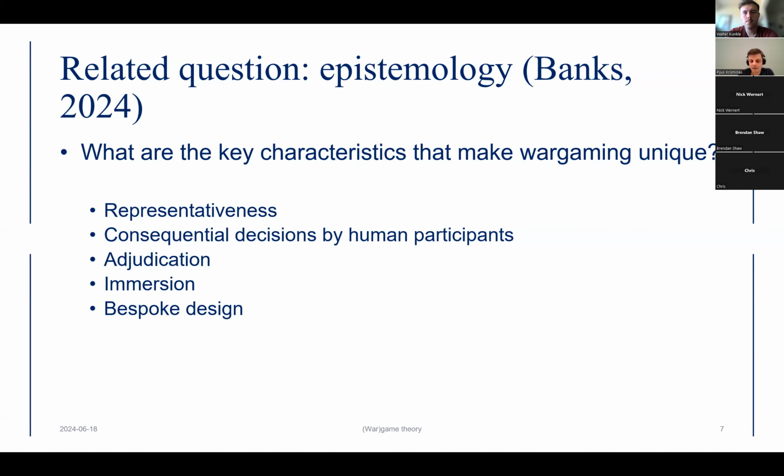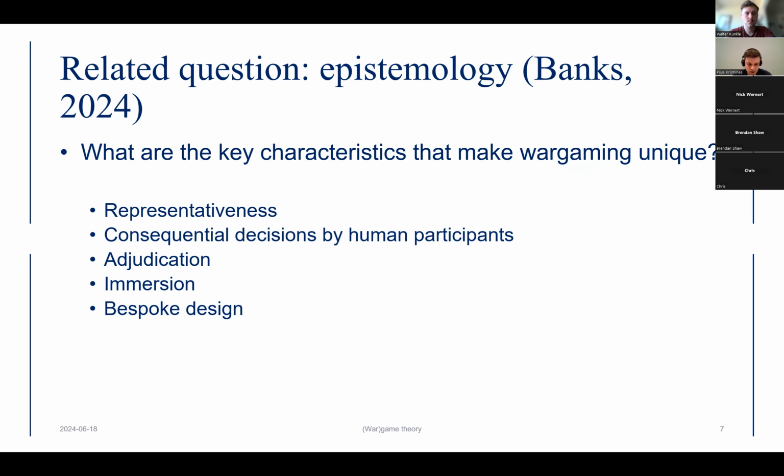And he mentions five different aspects. One, it's representativeness: wargaming is not too detailed and not too specific, and it's also not very abstract. Second, it has human participants making consequential decisions, and they provide feedback to the same human participants that then build upon it.